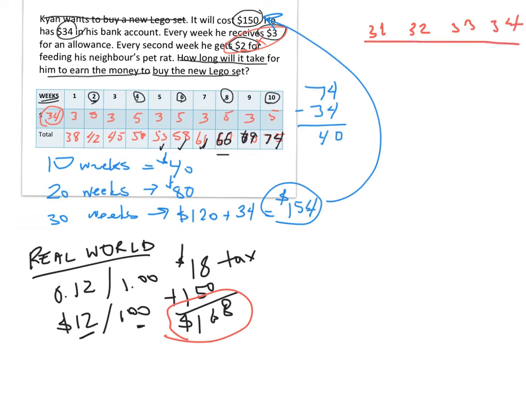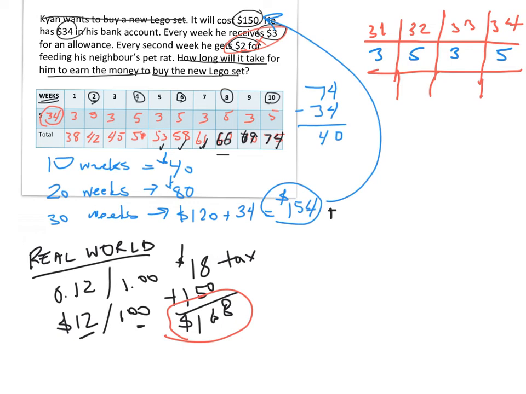So I'm going to draw what my table is going to look like after these weeks, and I'm just going to continue what I did before. So I knew that on 31, my odd weeks, I was getting $3, even weeks 5, odd weeks 3, 5, and so on. So I know that at the end of 30 weeks, I had $154.